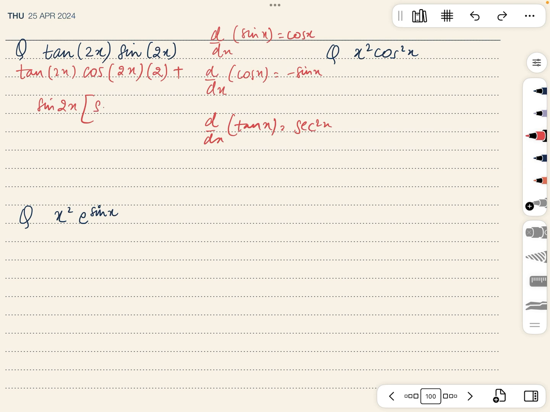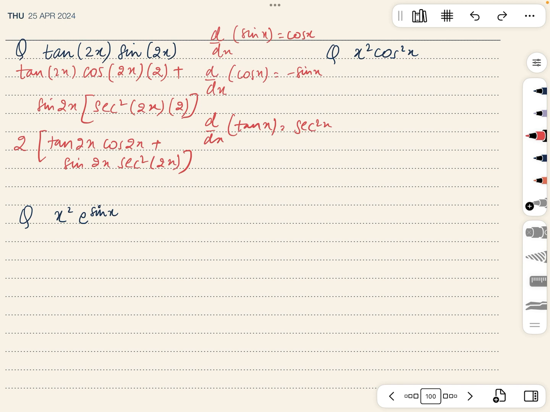That will be sec square 2x times 2. That will be the differentiation of 2x. So finally we've got the answer 2 times tan 2x cos 2x plus sine 2x and sec square 2x. That's it.